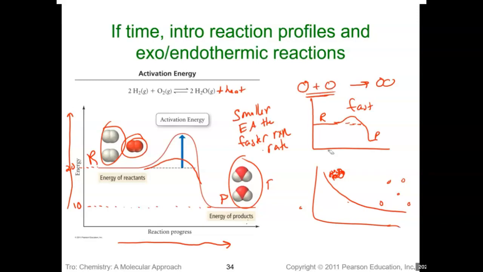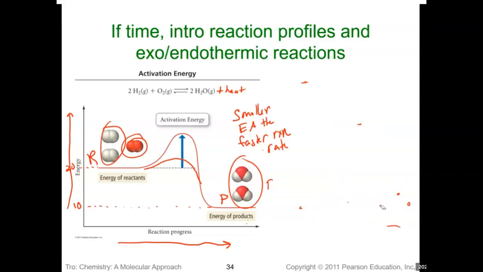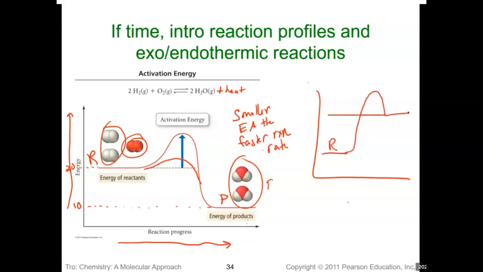Okay, last piece for today is going to be an endothermic reaction, which you probably learned about, hopefully, in biology. In an endothermic reaction, the products have more energy than the reactants. So now if we look at our activation energy, it's huge, right?